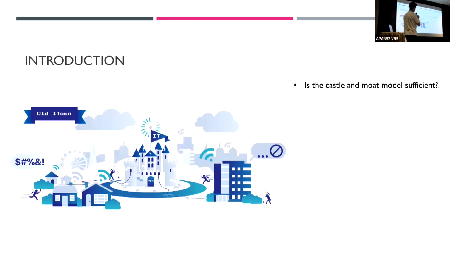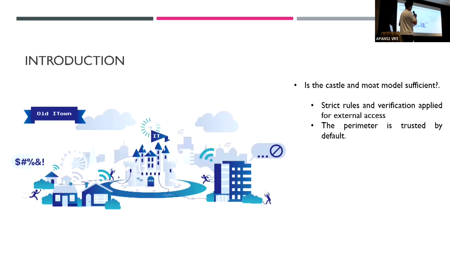Is it enough just to strengthen the outside verification for access to inside resources? Is the perimeter trusted by default? That would mean that whatever is happening inside will be allowed.